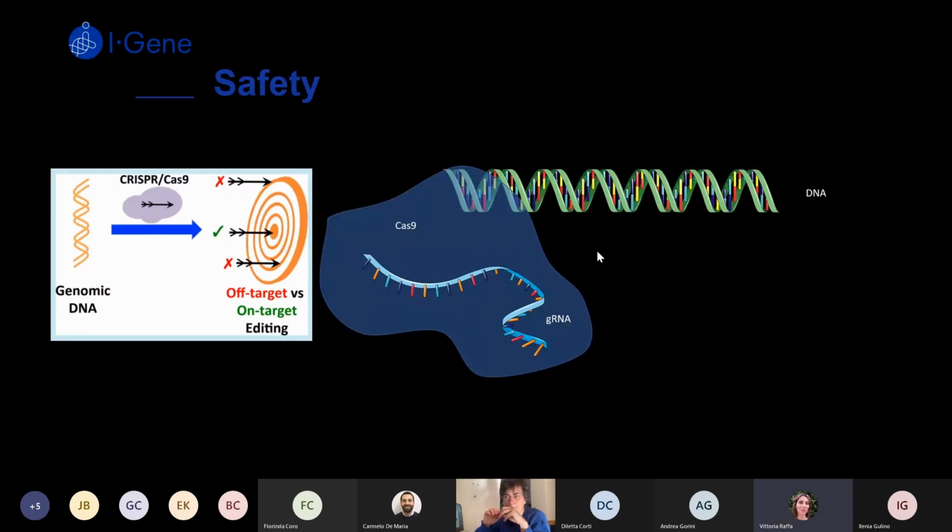But just to give you some numbers, if you inject the machinery in one cell, you could have an 80% probability to cut the on-target sequence, and a 0.5% probability to cut an unwanted target. Which means that if you have 200 cells, you can cut at least one cell in an unwanted point.